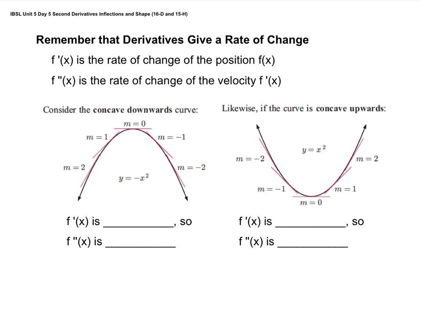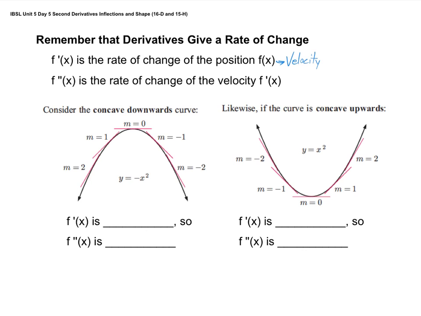So f prime, we already know, is the rate of change in position. The rate of change of position is also known as velocity. This is how we can have a negative and positive, because the negative simply tells us that we're moving downward, and the positive tells us we're moving upward. That's how we tell things are increasing and decreasing using our first derivative.